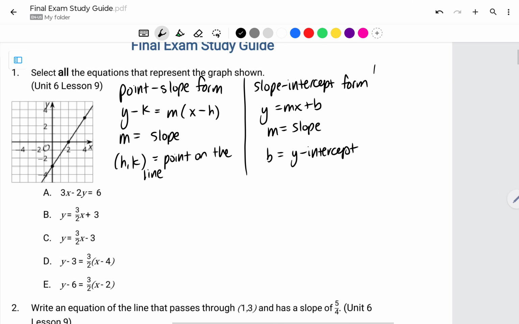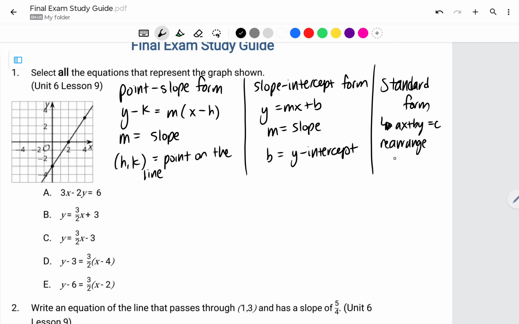And then the last one is standard form, where it's ax plus by equals c. And it's basically, if you see something like this, you need to rearrange terms to slope intercept form, right? You got to get y by itself.